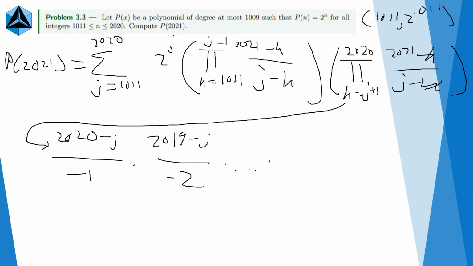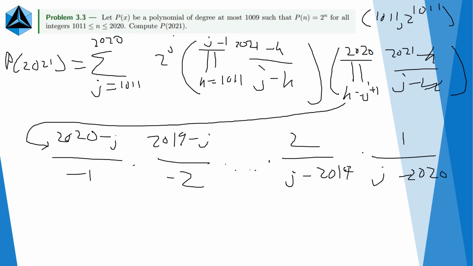So when k is equal to 2019, we have 2 divided by (j minus 2019). And then when k finally reaches 2020, we have just 1 divided by (j minus 2020).